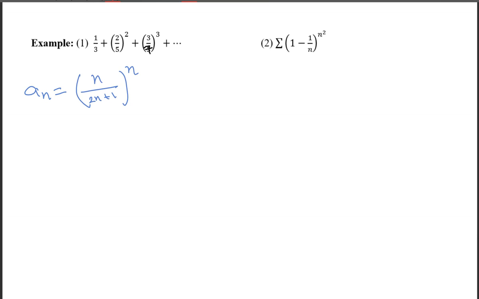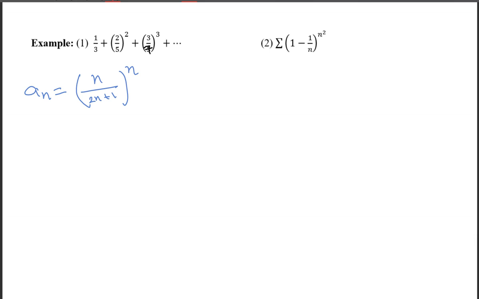You can tell me that I can apply D'Alembert's ratio test. I insist you use D'Alembert's ratio test and check whether you are getting any difficulty or not. If it is possible to find the limit and it is not equal to 1, then that's fine, you can apply it.